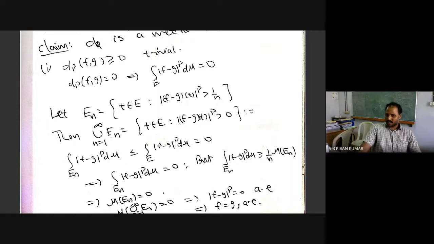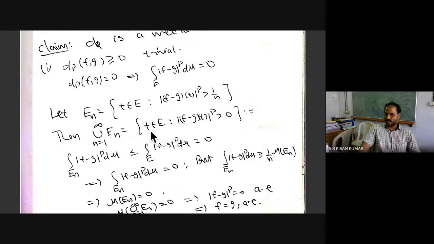Because suppose |f minus g at t|^p is greater than 0, then you can find some n such that 1 by n is between 0 and this. So if t is here, then t is in E_n for some n. That means this set is actually the union of all E_n.